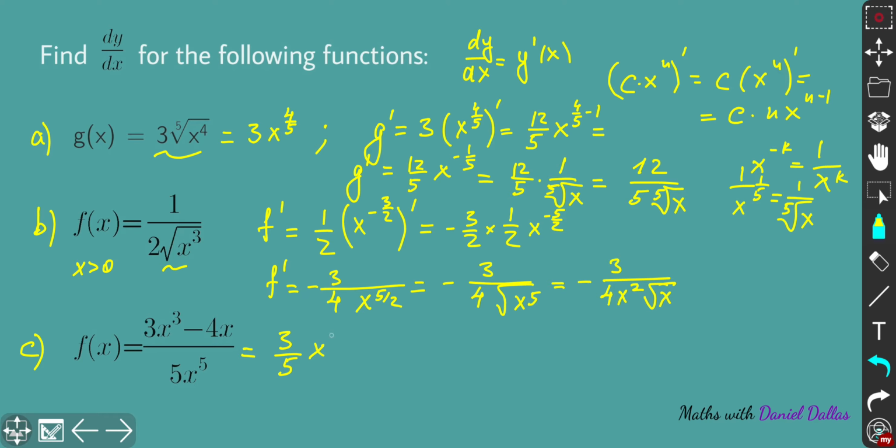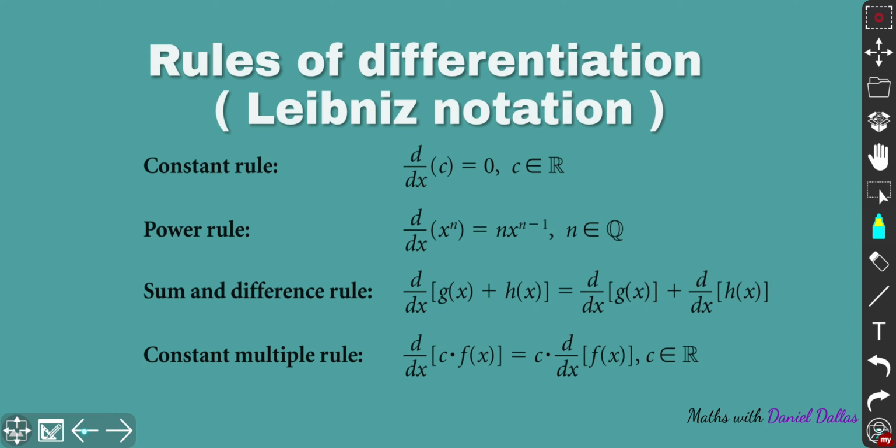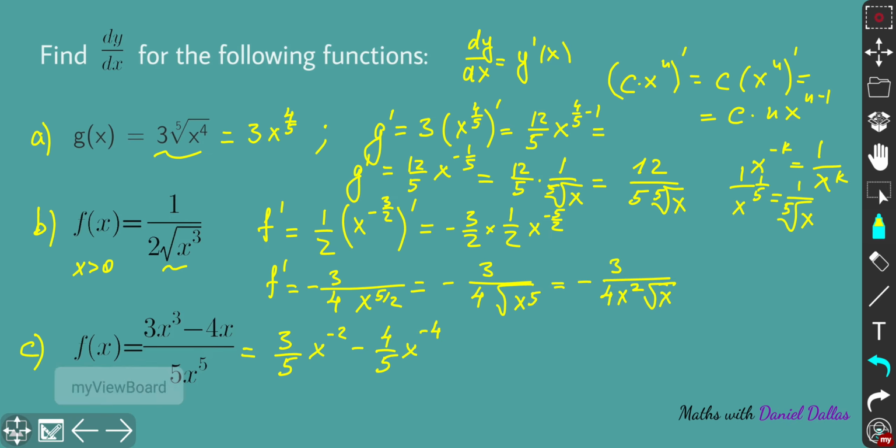So it's going to be x to the negative 2. And finally, we have negative 4 over 5 and x to the negative 4. Okay, now we have the same structure in order to apply the power rule.